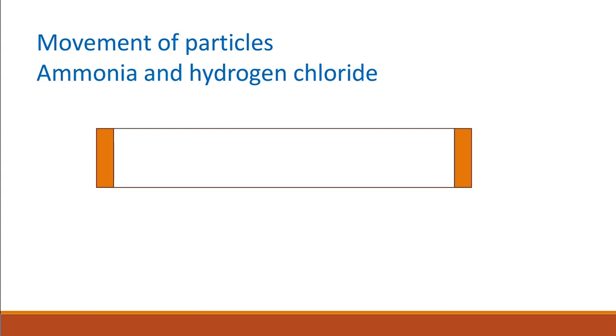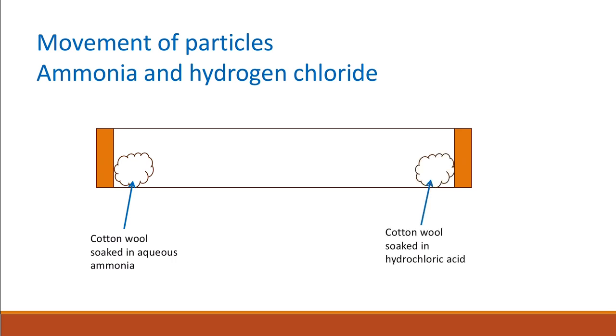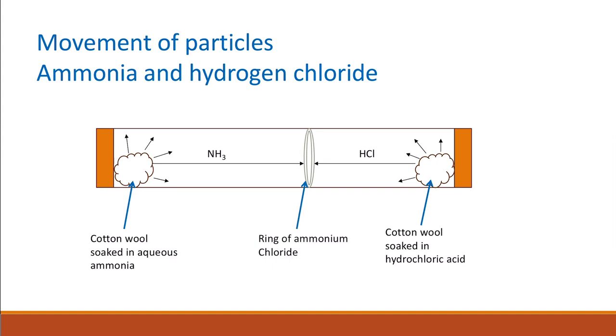You can see the movement of particles through air, as we can see with ammonia and hydrogen chloride. If you have a tube which is closed at both ends, and you put cotton wool soaked in aqueous ammonia on one end and cotton wool soaked in hydrogen chloride at the other end, ammonia will start to diffuse from one end, and the hydrogen chloride diffuses through air from the other end until they meet each other and form a ring of ammonium chloride, which is a solid.